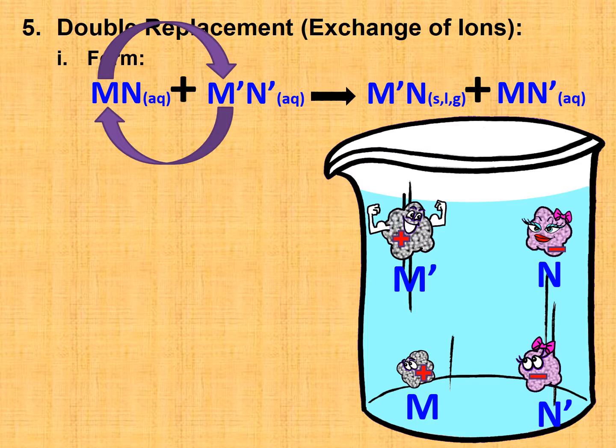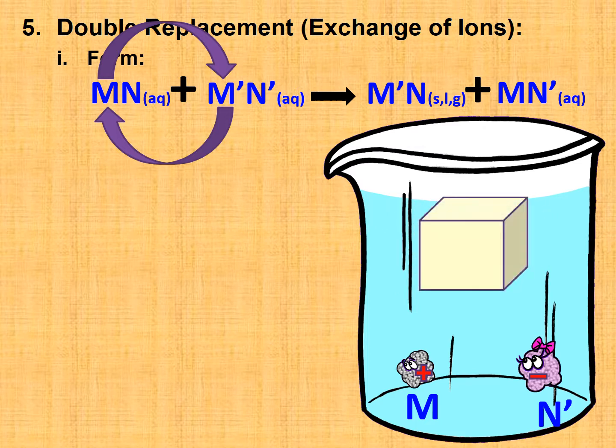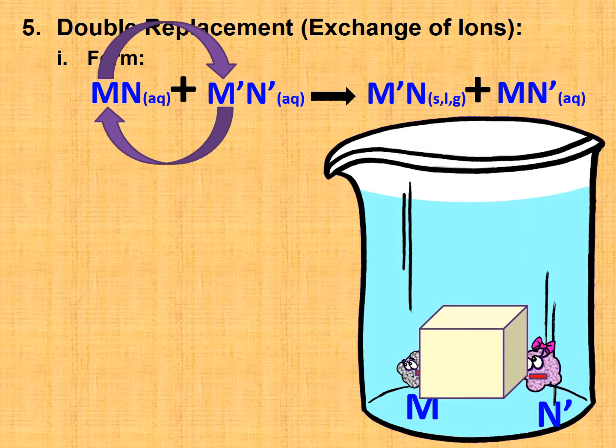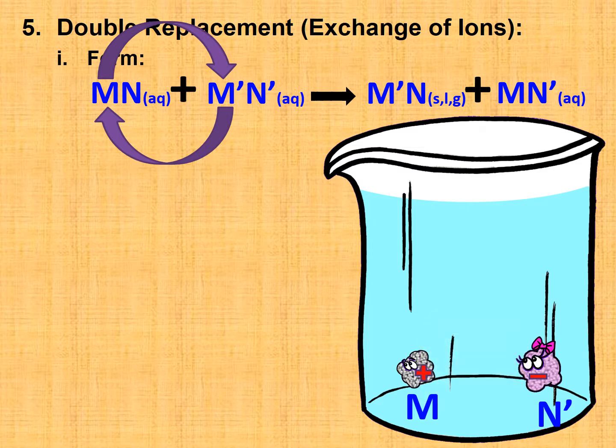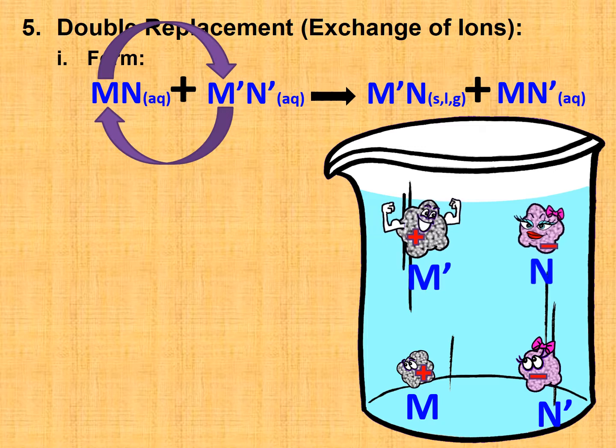This is a second way for the ions to come out of solution. Okay, that's not exactly what a precipitate looks like, but you sort of get the idea here. The third possibility is for a liquid to form, usually when a hydrogen ion from an acid reacts with a hydroxide ion from a strong base to form water.